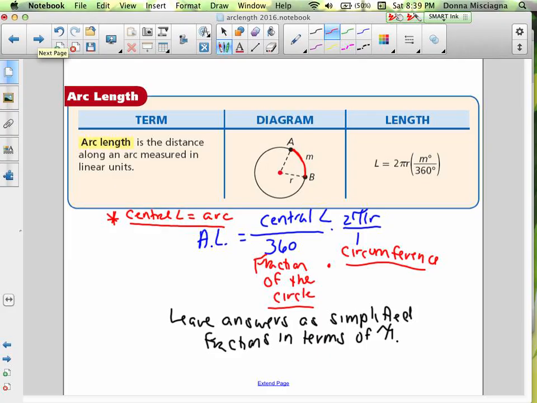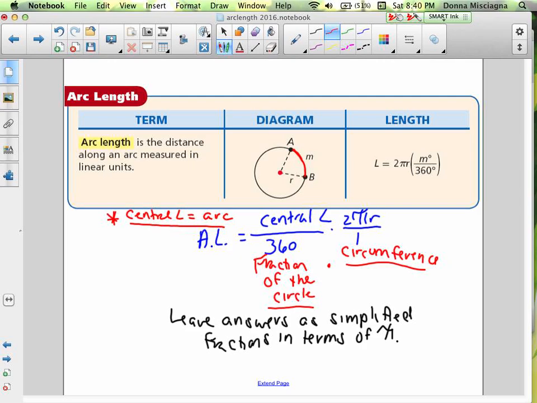To help you keep track of what's in the numerator and what's in the denominator, put that 2 pi r over 1, because 2 pi r is in the numerator, and otherwise you will accidentally multiply it by the denominator. We're going to leave the answers as simplified fractions in terms of pi. I don't want to see a decimal. If it were something like 5 halves and you made it 2.5, I guess that's all right.